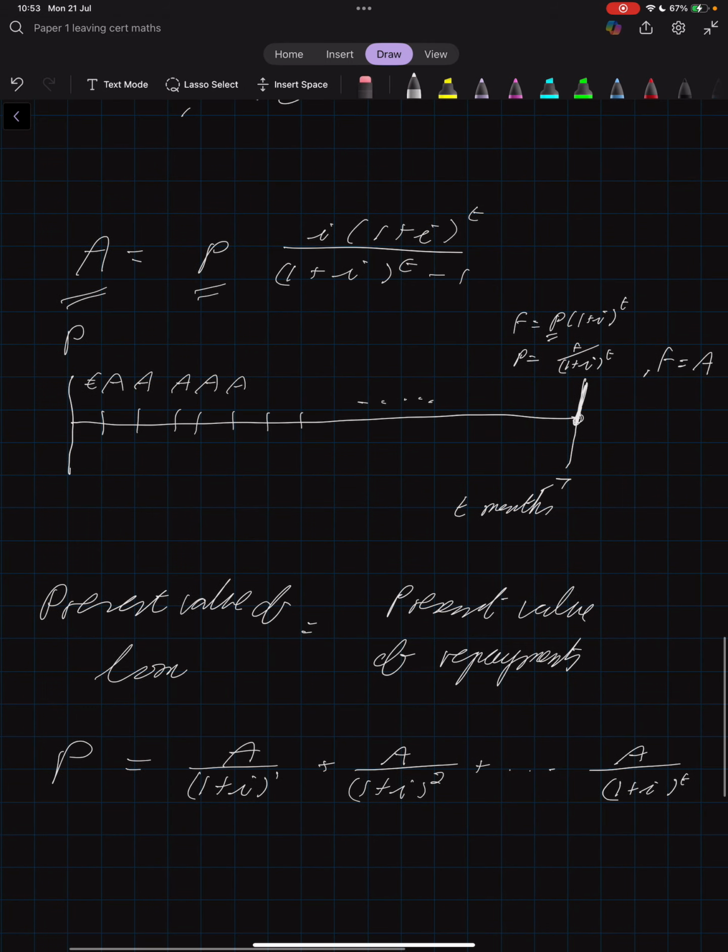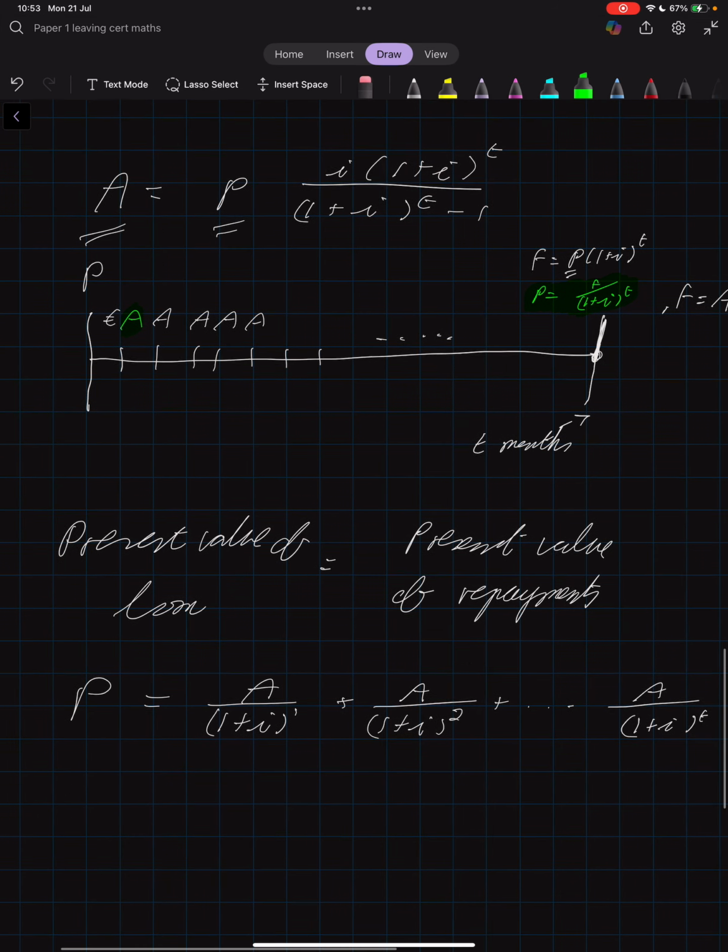Okay? So now hopefully that makes sense. That you're saying, yes, fair enough. In a month's time, you pay €1. But if I want to find the present value of that, I need to divide it by how long you've had it for. So you've had it for a month, and therefore I divide it by 1 plus i to the power of 1. Okay?